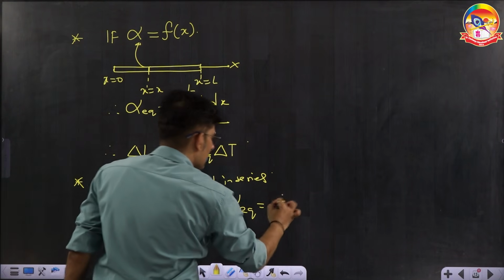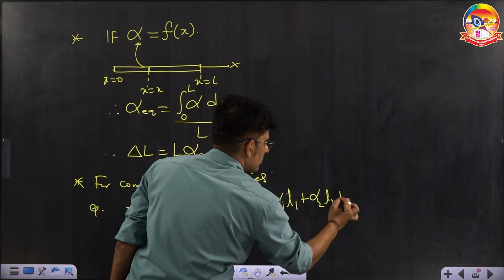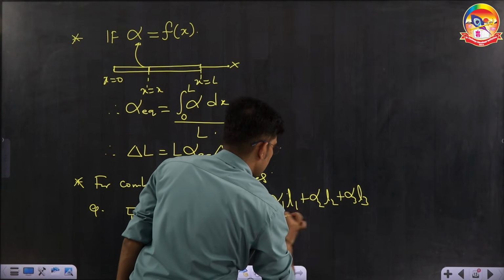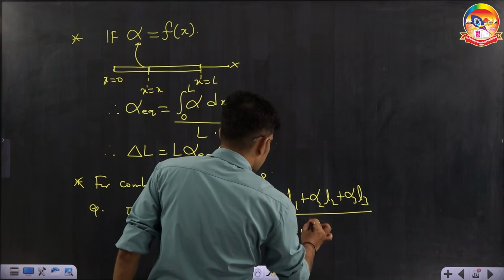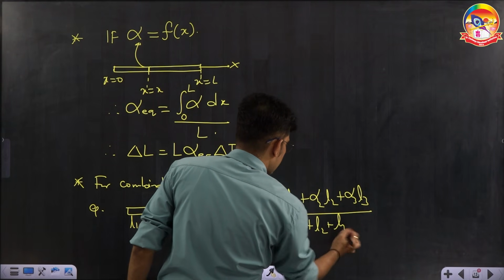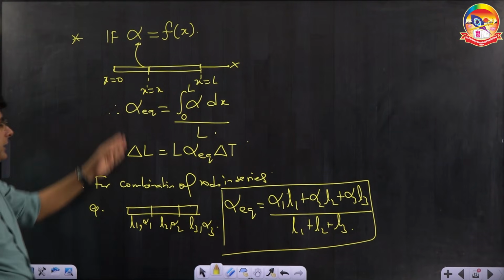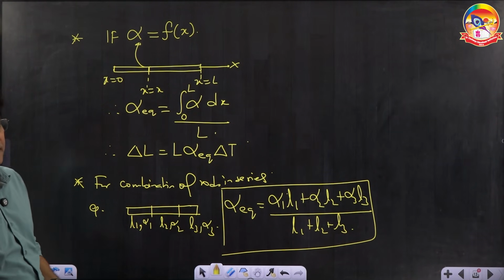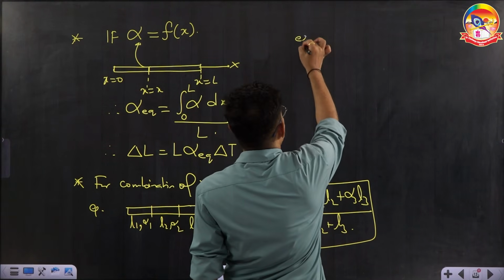So here also alpha 1 L1, alpha 2 L2, alpha 3 L3 divided by total length, which is L1 plus L2 plus L3. So directly you can go with this case. Understood? There is an important question on this example.